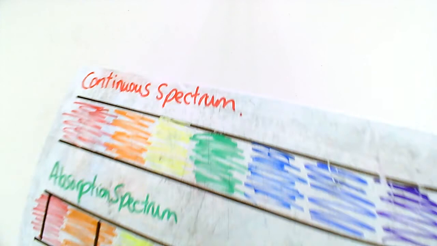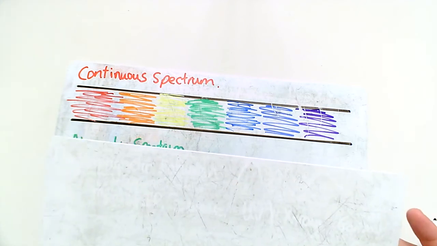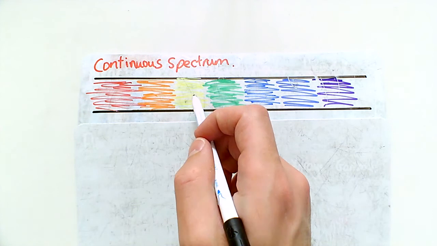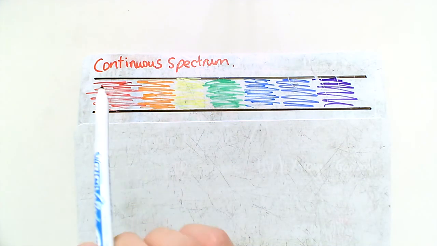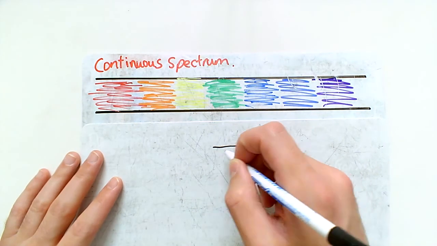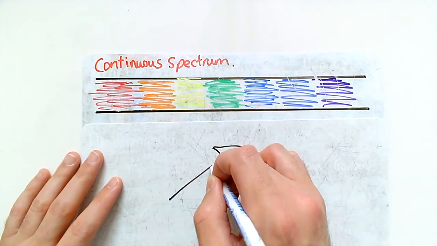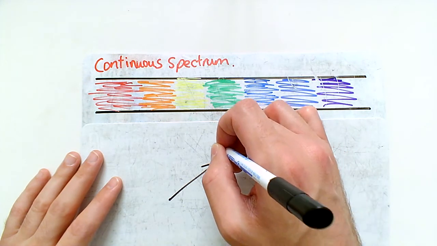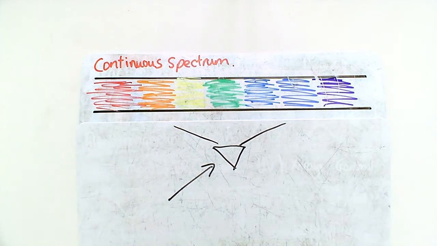Well, what we do is we use a prism. Now we shine some white light, sorry, there is yellow here, it's not very easy to see, but we shine white light through a prism and it spreads it out. So we have white light like this, and the process of refraction separates it out into this full spectrum.